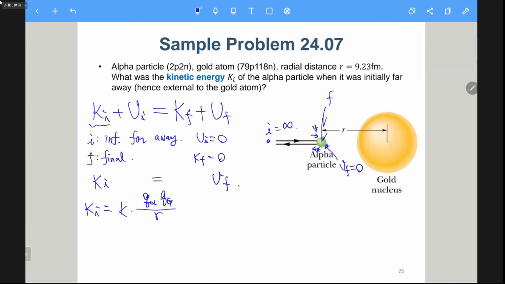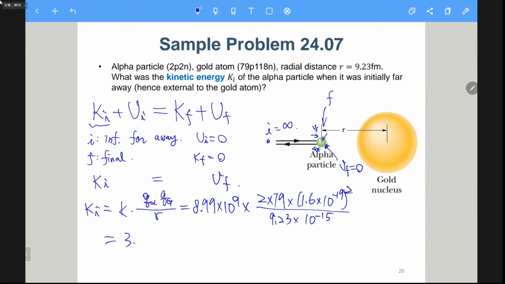This is 8.99 times 10 to the ninth power times 2 times 79 times 1.6 times 10 to the minus 19 squared, over r, which is 9.23 times 10 to the minus 15. So this is 3.94 times 10 to the minus 12 joule.